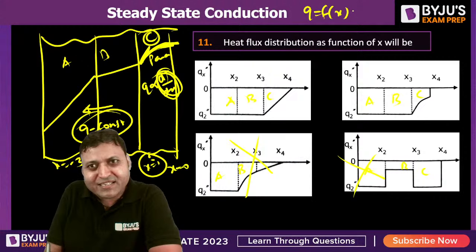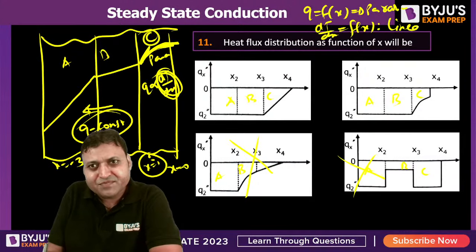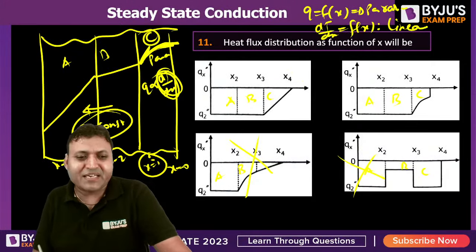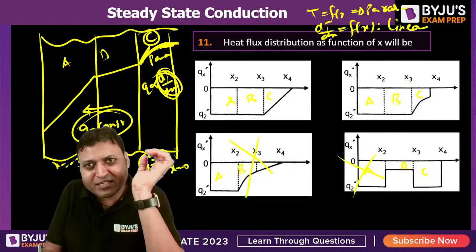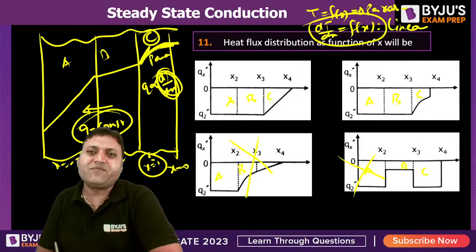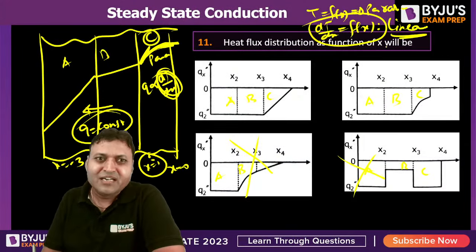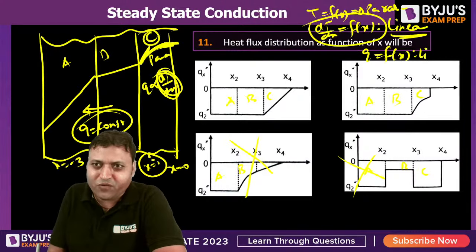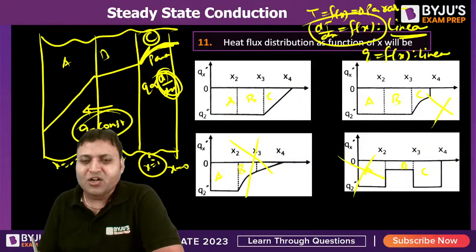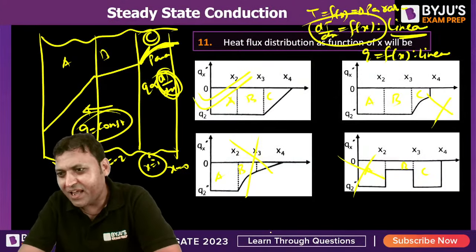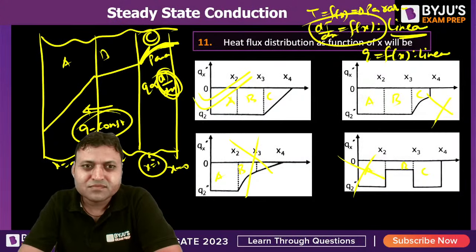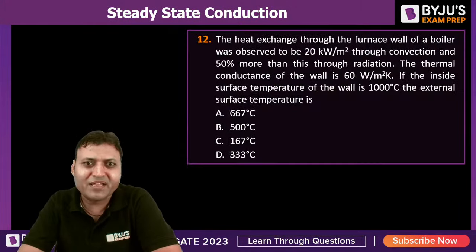The temperature profile as a function of x is parabolic, and the differentiation of T with x will be linear. That is why Q will be a linear function. Option B cannot be correct. Option A will be the answer.